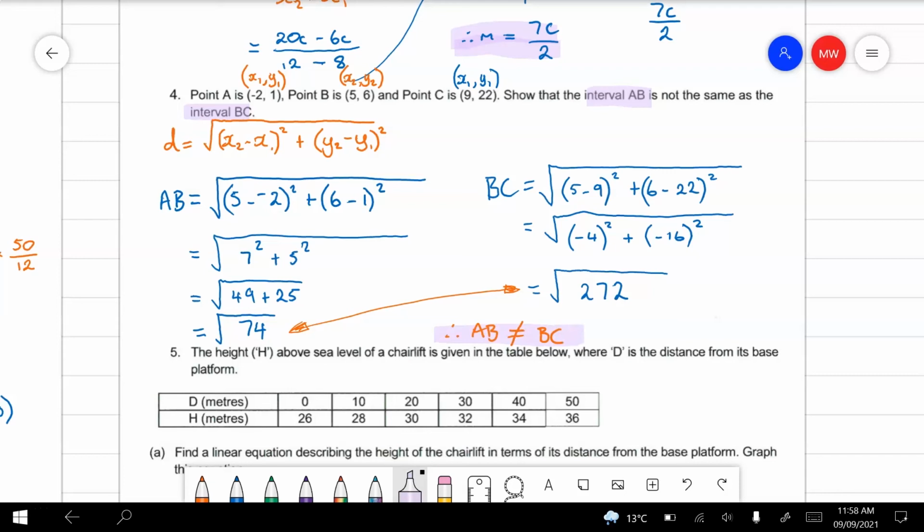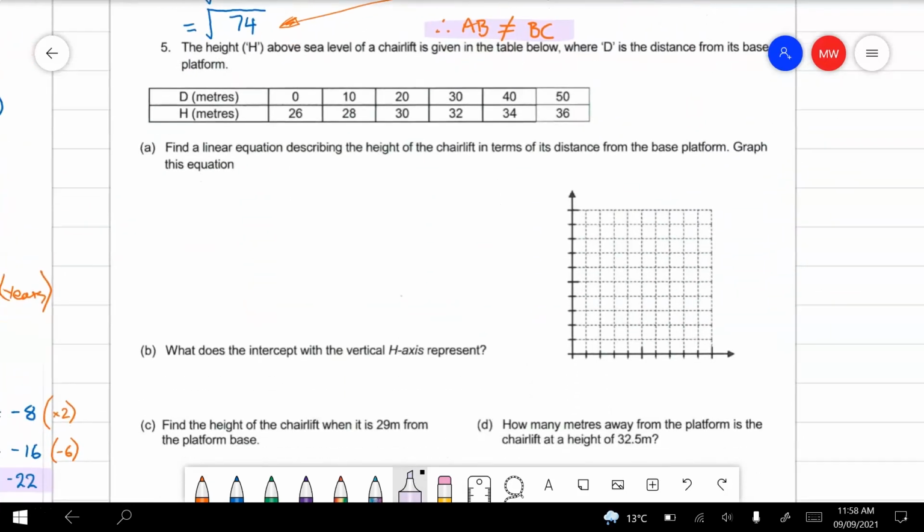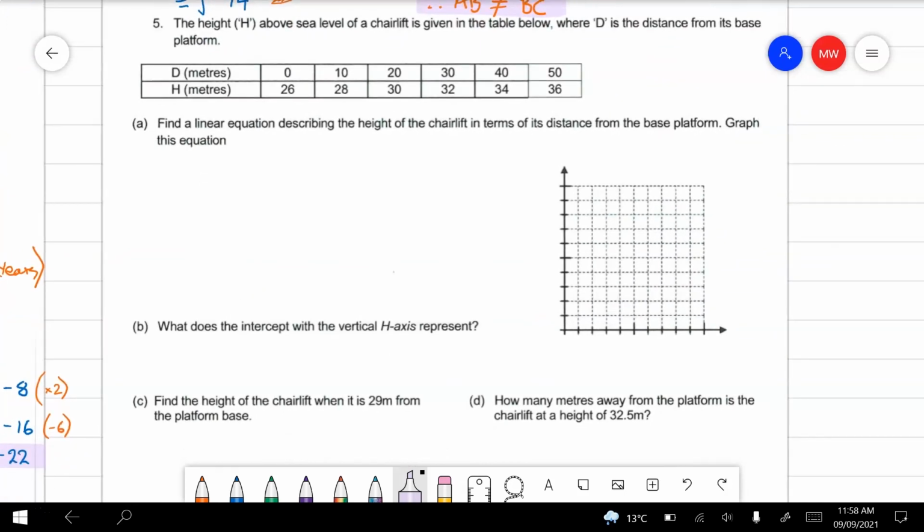They are different. Okay, and last of all, question 5, another long one. The height of a chairlift is given in the table below, where D is the distance from the base of the platform. All right, so straight away we might give our chart over here some values.